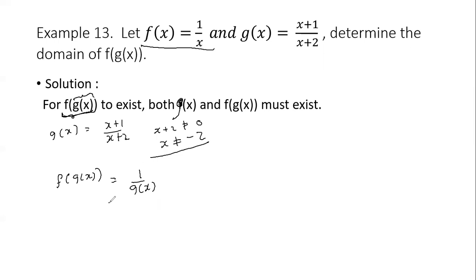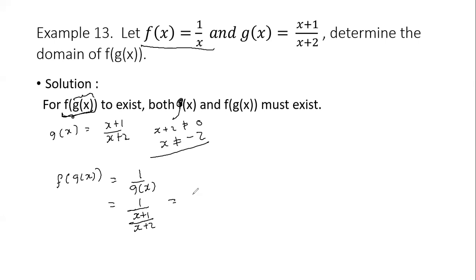Then substituting for g(x), we get 1 divided by (x plus 1) over (x plus 2).